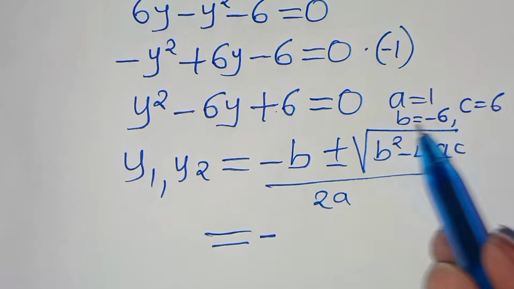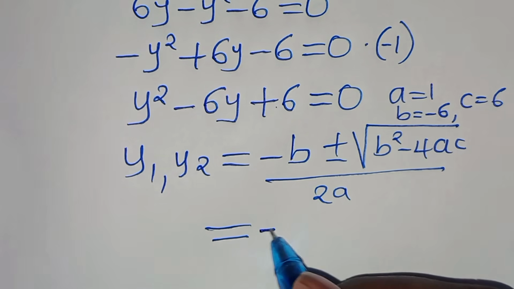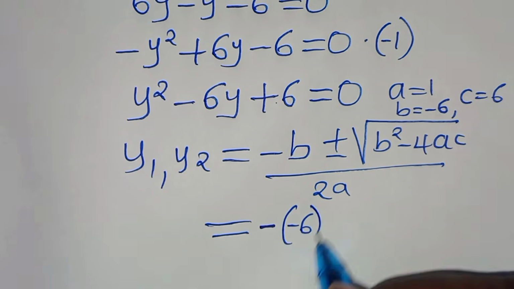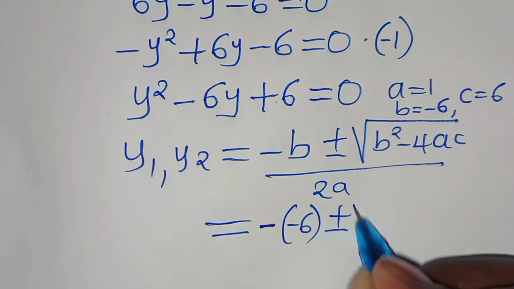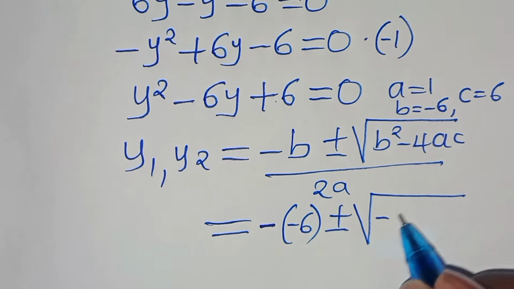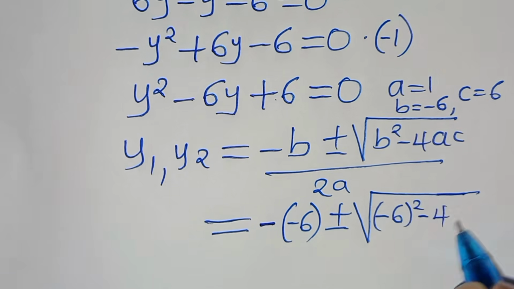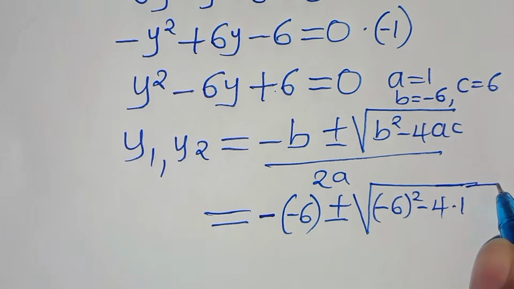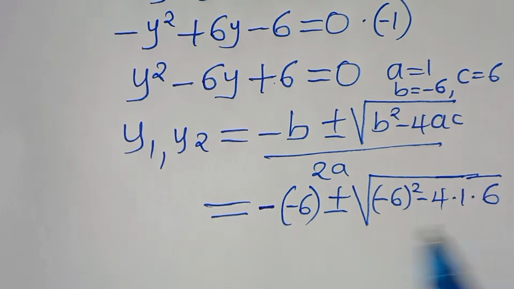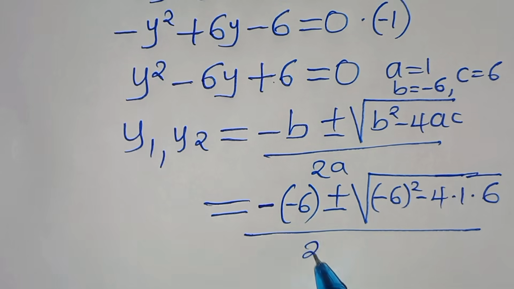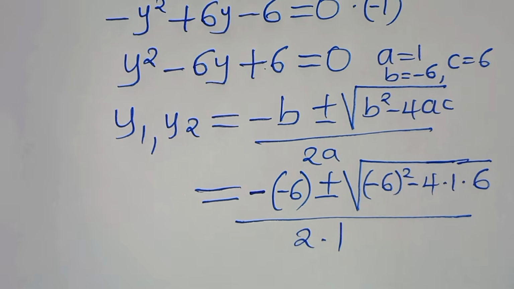Substituting, we have negative negative 6 plus or minus the square root of negative 6 squared minus 4 times 1 times 6, everything divided by 2 times 1.